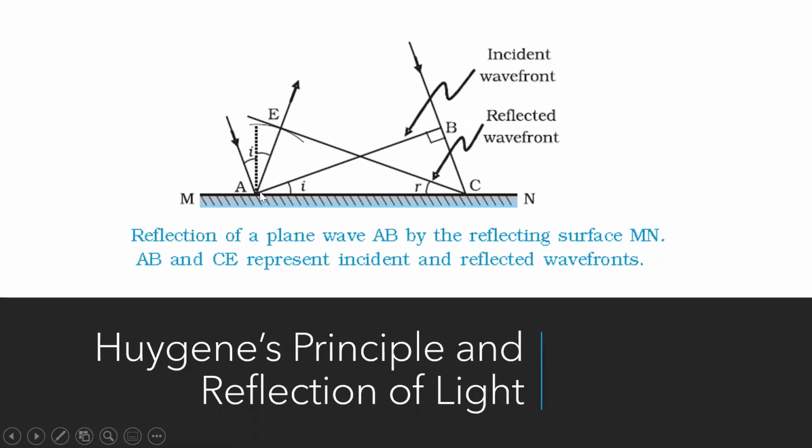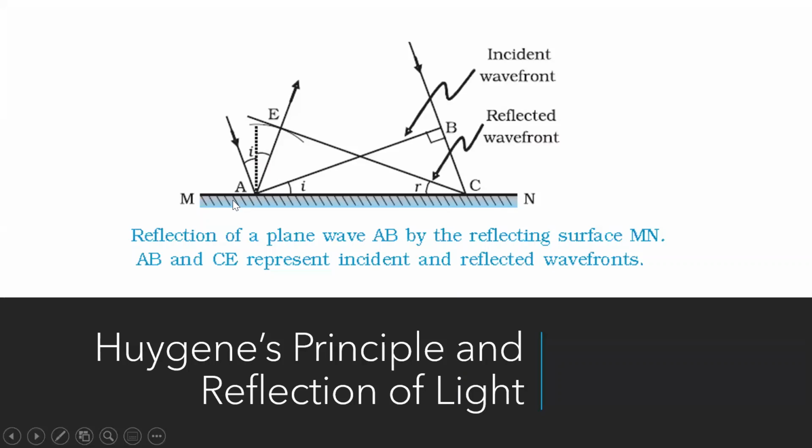Now, after reflection, it will go along this line. This is the reflected ray. So this angle will be the angle of reflection r. Similarly, this light ray will come here and will be incident at point C, and if we draw a normal here, it gets reflected with the angle r.